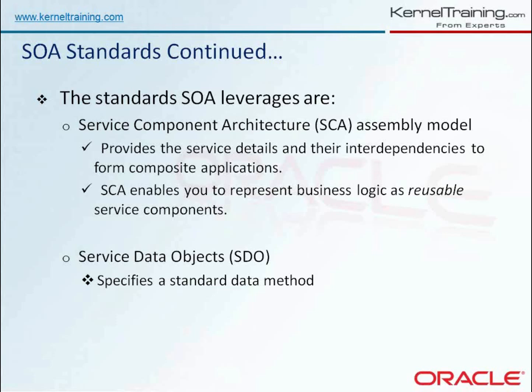The second thing is service data objects. As it says, data objects, I think you are all aware of them, maybe you have read about database objects also. Can anybody tell me what service data objects are? Basically, when you write anything in SOA, this is completely generated in the backend. You need not bother about it.